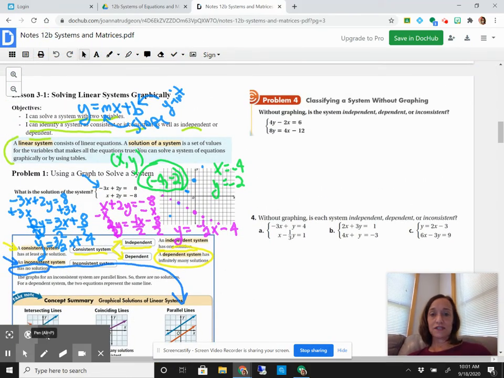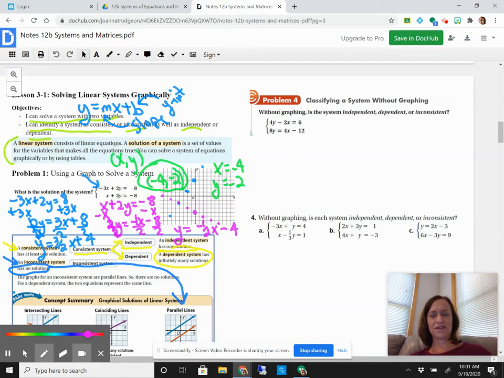So looking at this one, it says, without graphing, is the system independent, dependent, or inconsistent? Now, again, if you can find a way to prove which ones of these are exactly the same, you can do that. There's ways to play around with them to see if they're the same. I typically just change them to slope-intercept form. And if I have the same slope, then I know they're parallel or they're actually the same line.